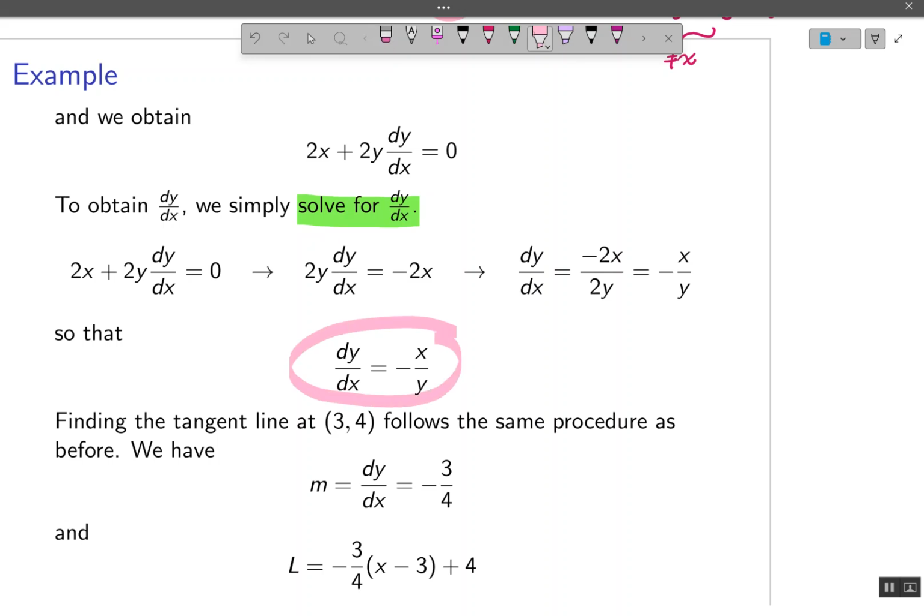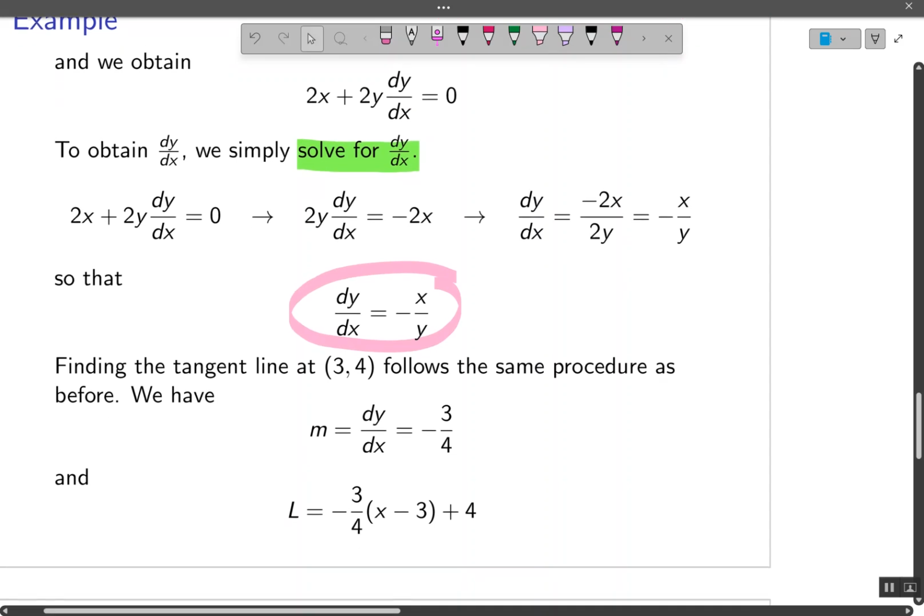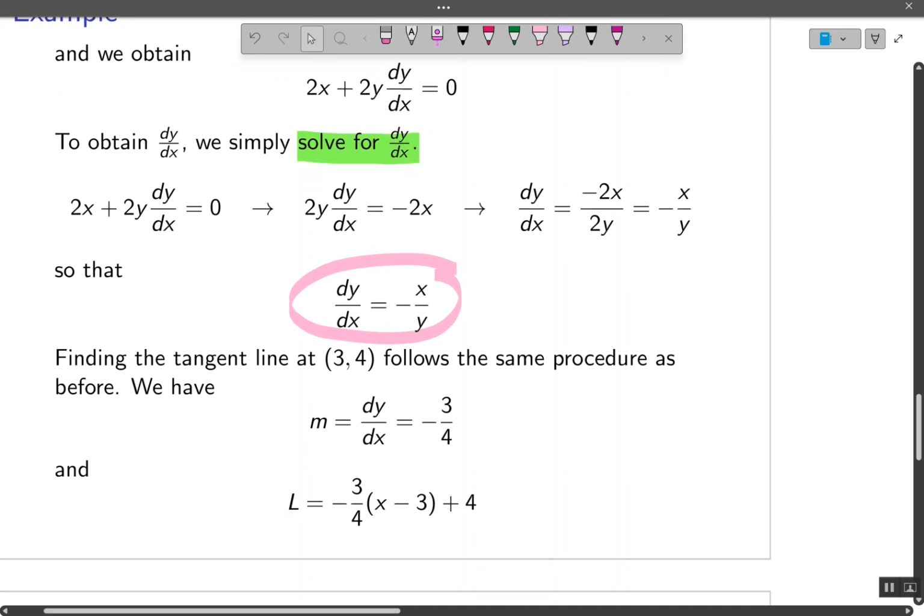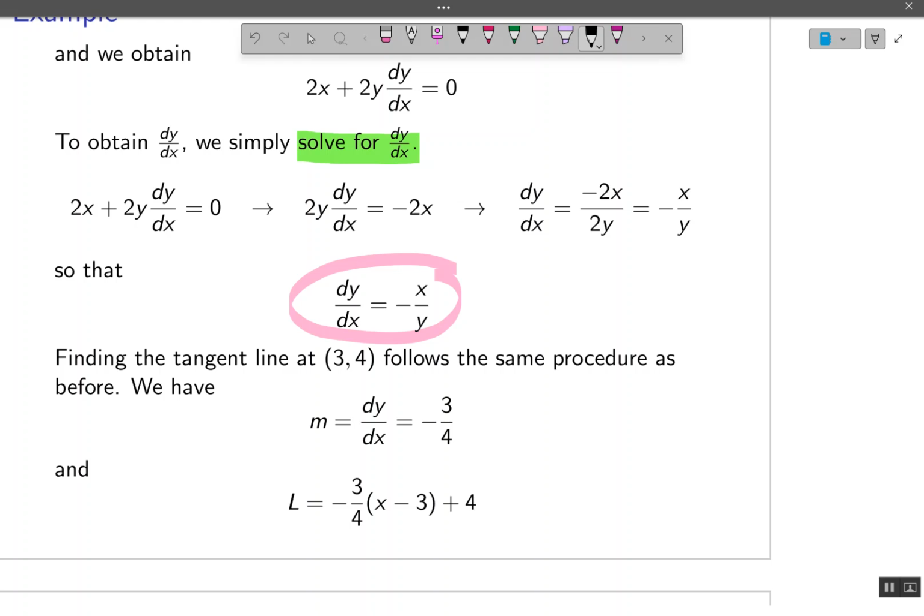So we get this. So then finding the tangent line at 3, 4, well, that's the same. We know this is the equation of the tangent line. It's going to be y equals m times x minus a plus f of a. This point that they gave us has these coordinates, right? Just an x and y.